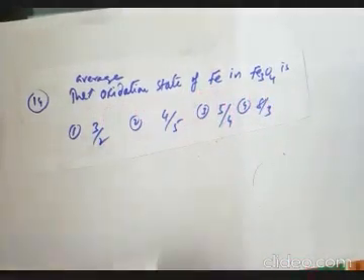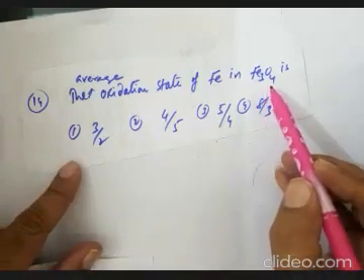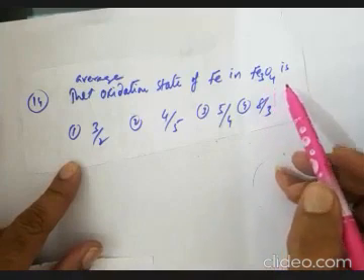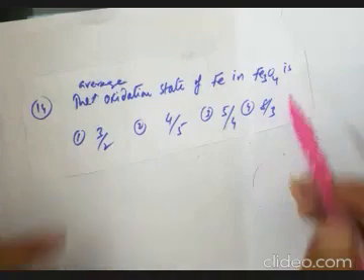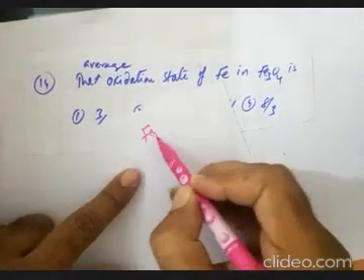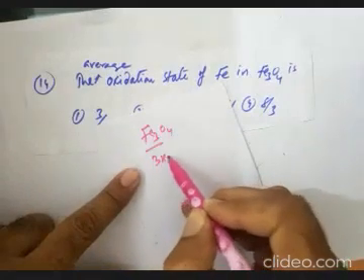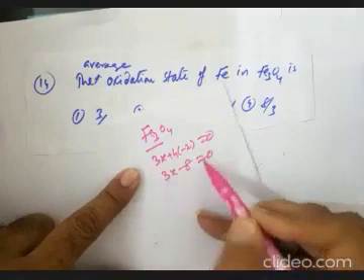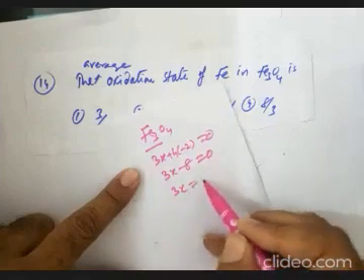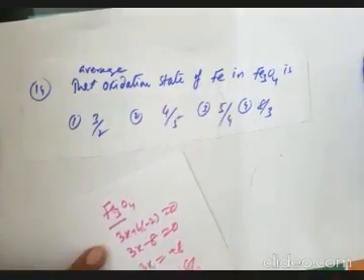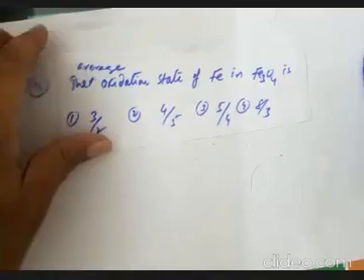You will get it by the routine way of the concept. 3x plus 4 into -2 is equal to 0. 3x minus 8 is equal to 0. 3x is equal to +8. x is equal to 8 by 3. So the answer is understood. Based on options you have to approach.